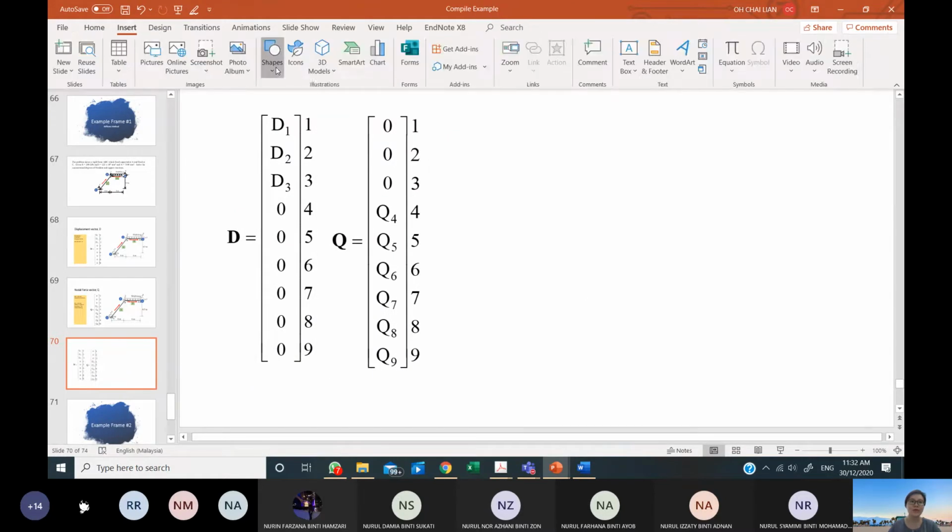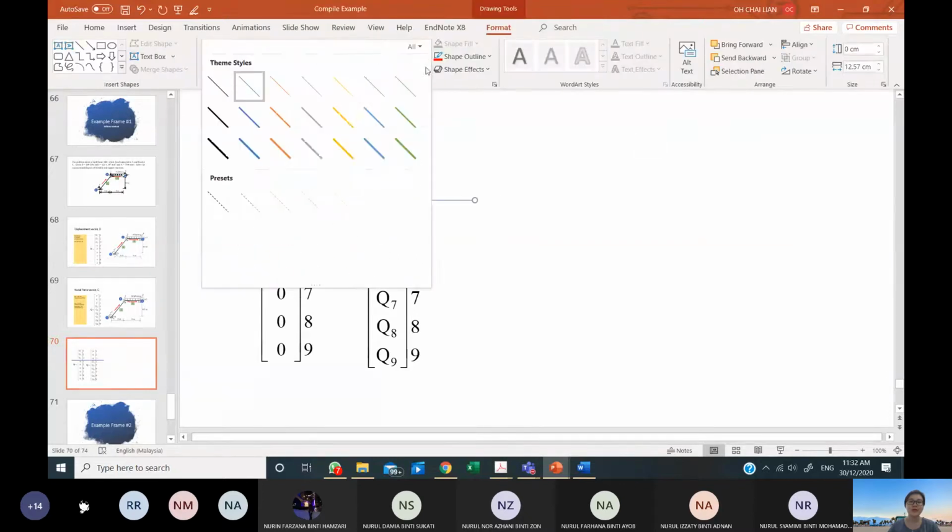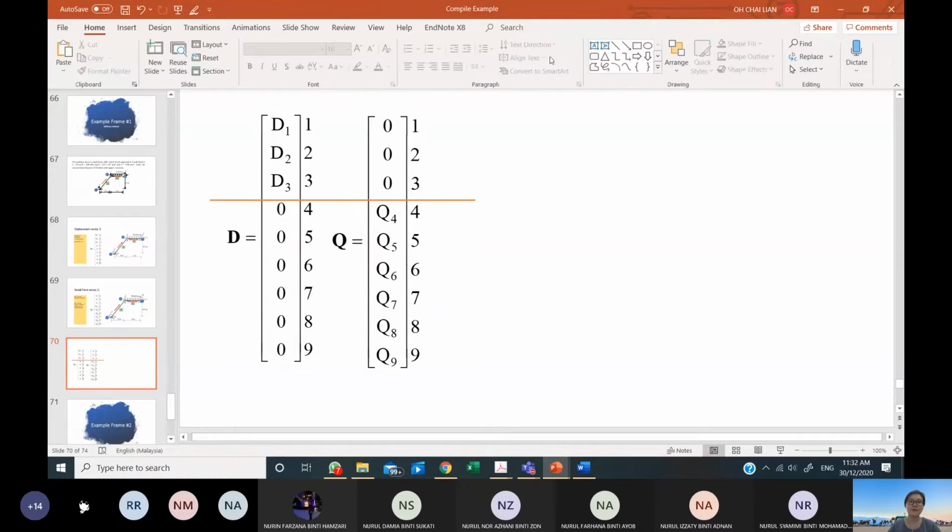You can draw these partitions to check. The one that you want to check is these are the Q unknown, and these are the Q known values.